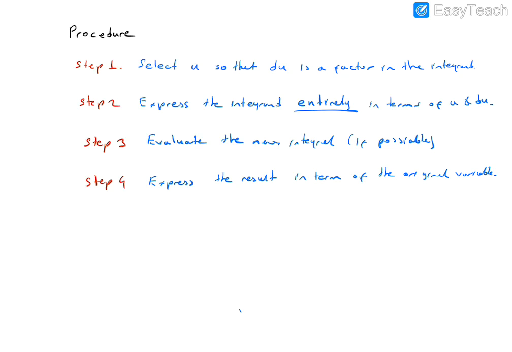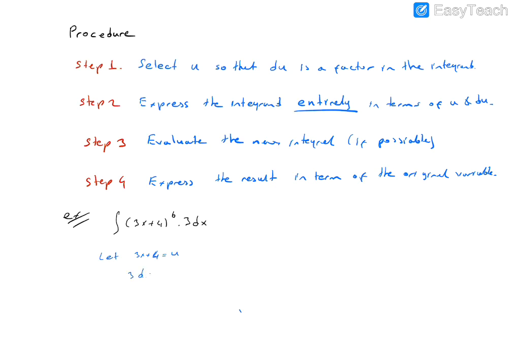Okay, let's show a very simple example. For example, the integral of (3x plus 4) to the power 6 times 3 dx. To calculate this integral, you should say 3x plus 4 is u. What is the derivative of 3x plus 4? 3.